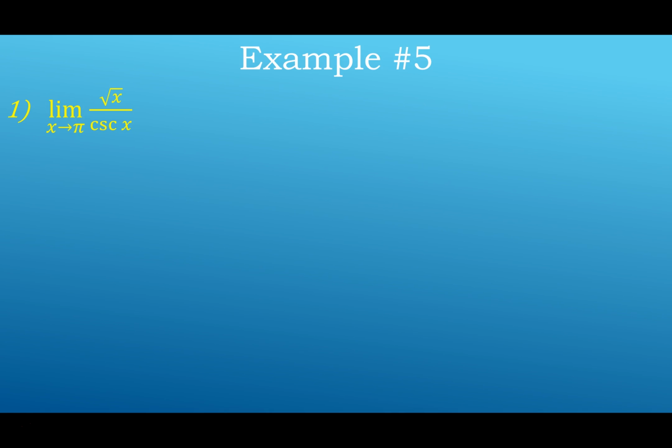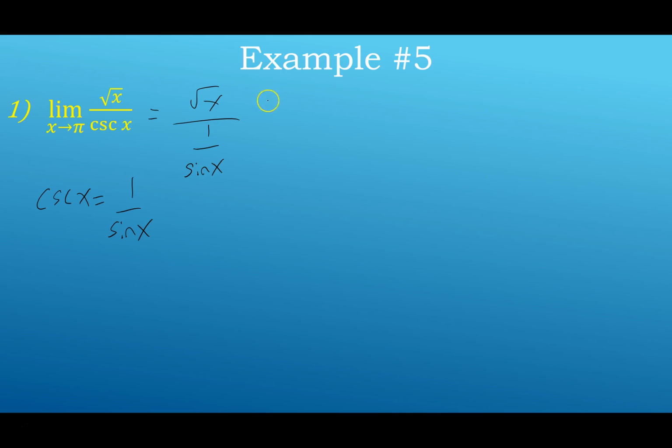For this one right here, we have to be careful, because we need to work with cosecant. So I need to rewrite this right here. Remember, cosecant is 1 over sine. Well, that means this right here is equivalent to the square root of x divided by another fraction. I can't plug that in yet. I need to actually work with this.